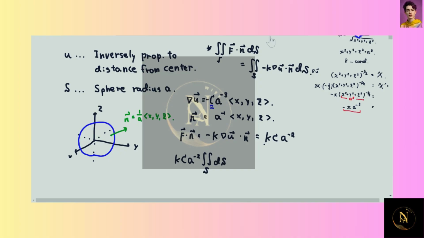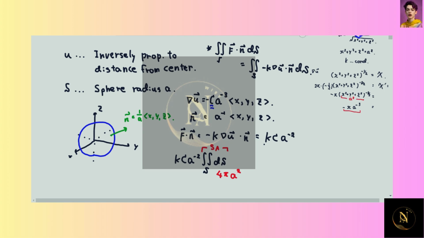And as we know, this expression is simply the surface area of, in this case, the sphere. And then we know that it is equal to 4 pi r squared. The radius is equal to a, so this is equal to 4 pi a squared.